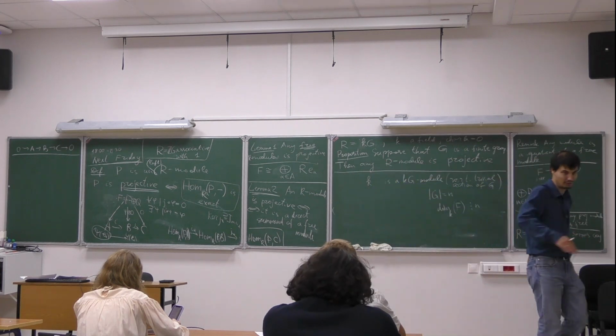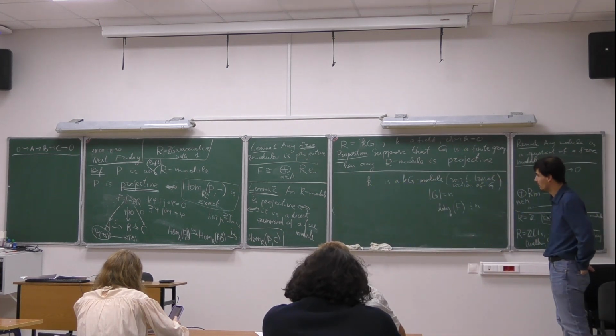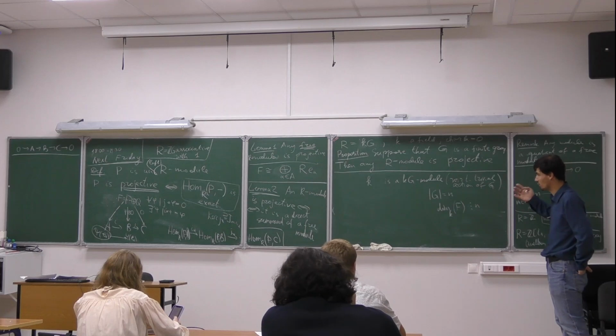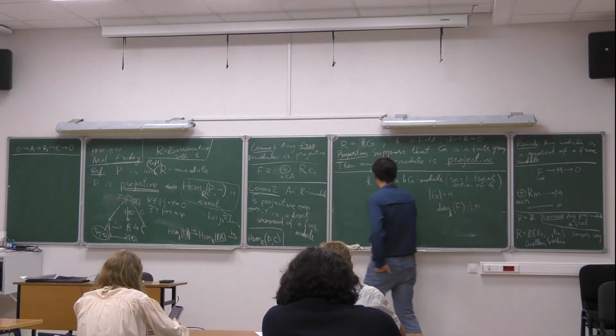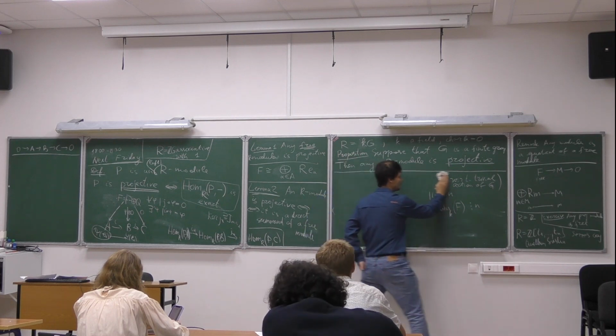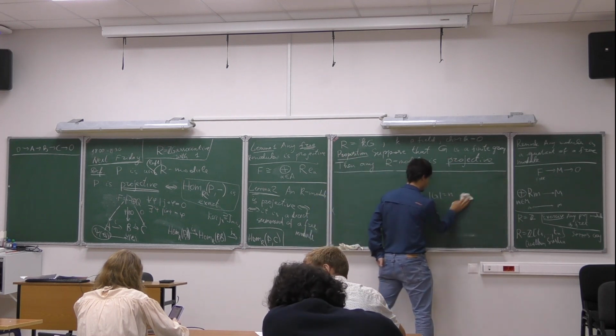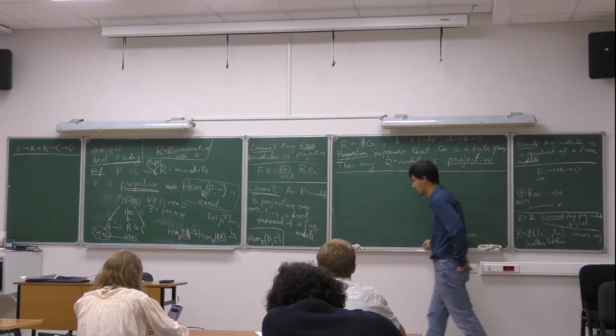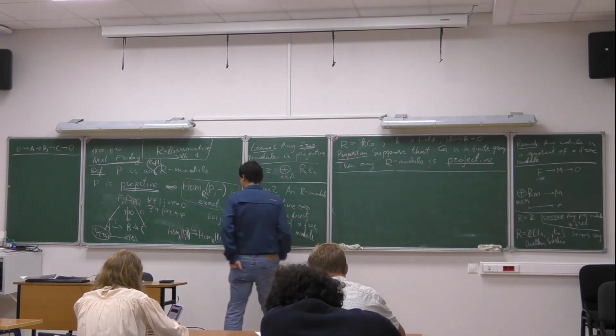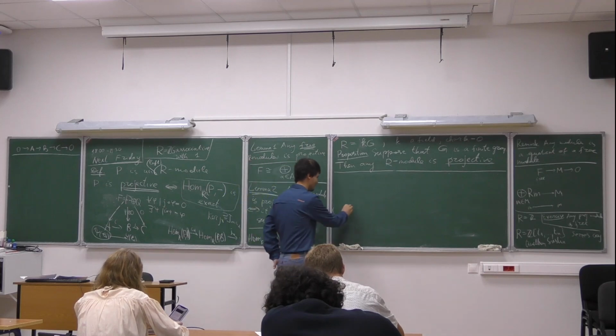And we have plenty of other modules that are not free, but all modules are projective. Why? The proof is rather simple, but it uses an important idea, which we have all already met.